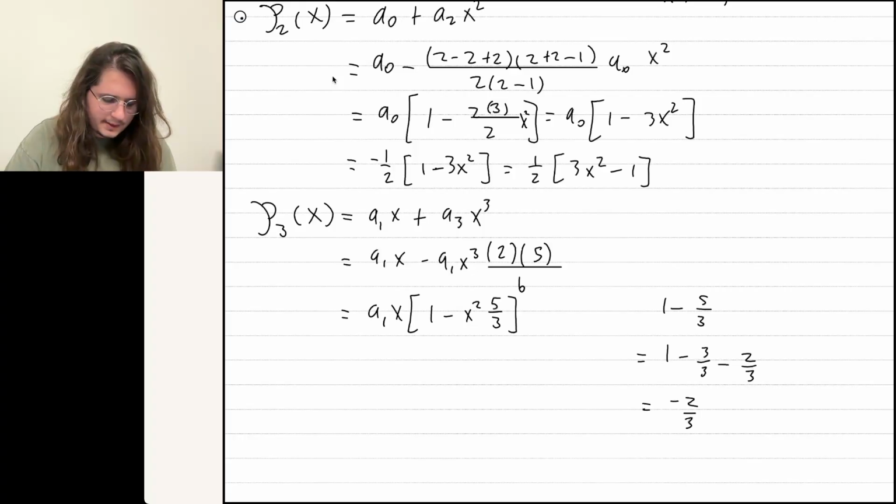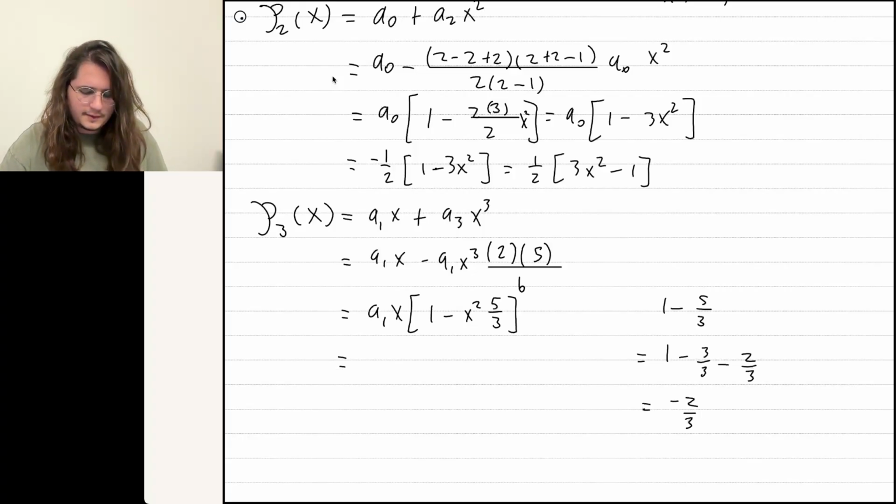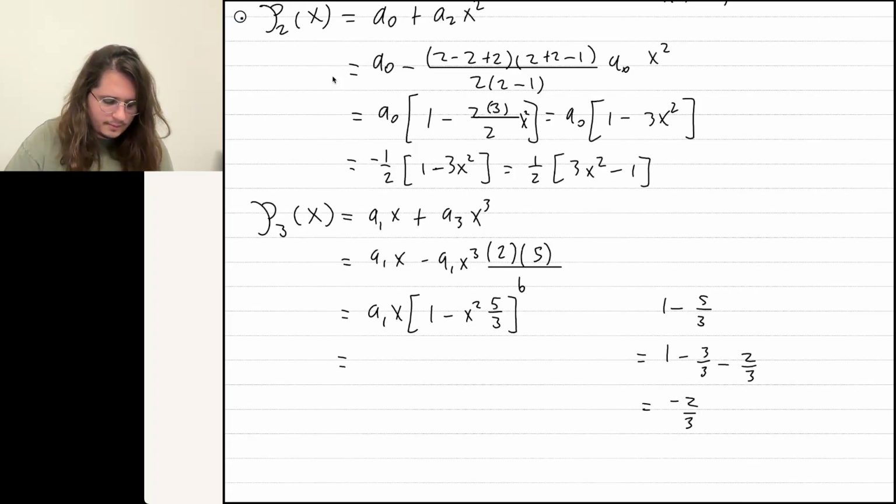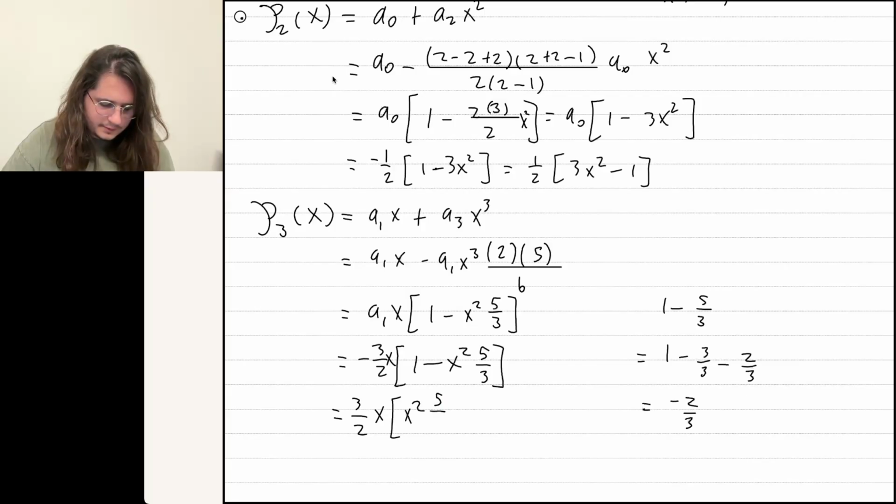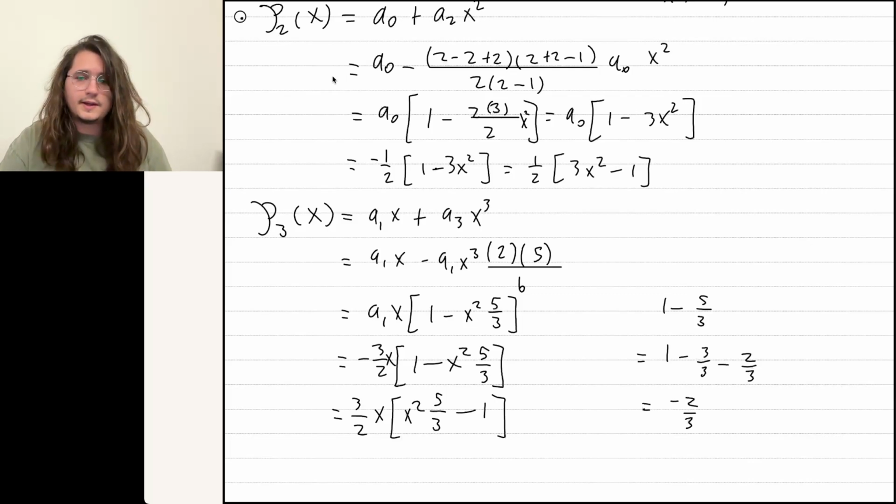That was some quick maths. So obviously you want a1 to be minus 3/2 to get that, and then I bet it's typically written as 3/2 x times x squared times 5/3 minus 1. But that's just a guess. Alright.